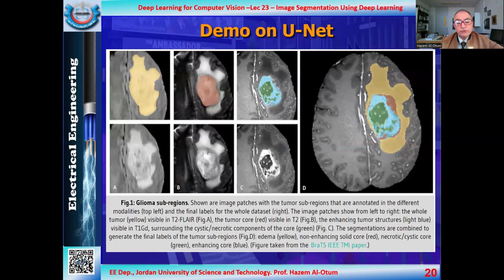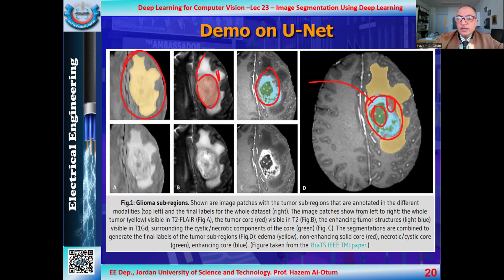This is a medical application for the U-Net. I'm not going to go deep in this. This is the object where we get some tumor. And here we can classify the tumor into more than one region. And finally, we go further to obtain different classes.